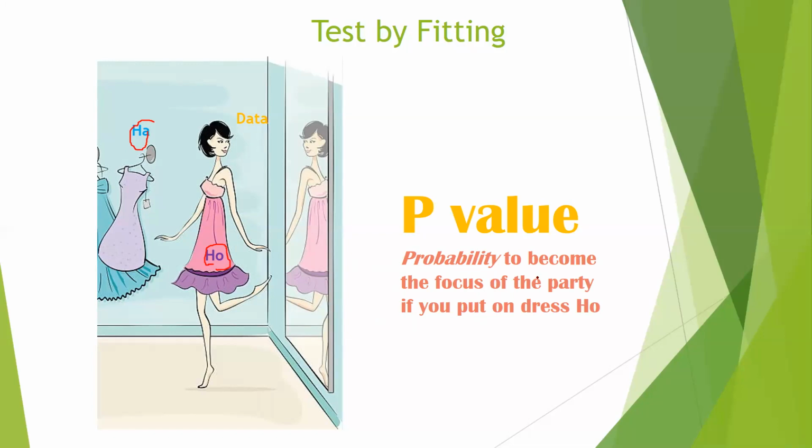If the p-value is large, which means you like this dress, and if you put it on, you will become the focus. Otherwise, you don't think the dress fits you, so you're going to throw it away and take the other one and run away to the party. All right, so this is how we test the hypothesis based on fitting the data.